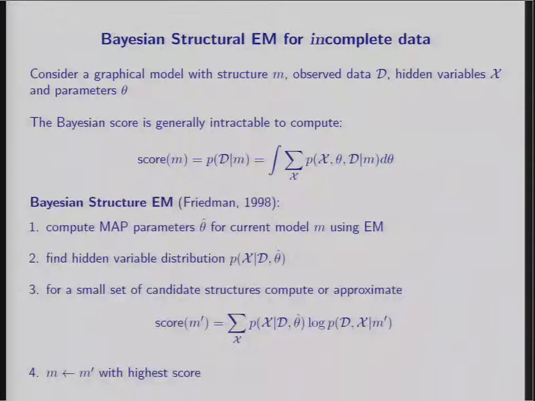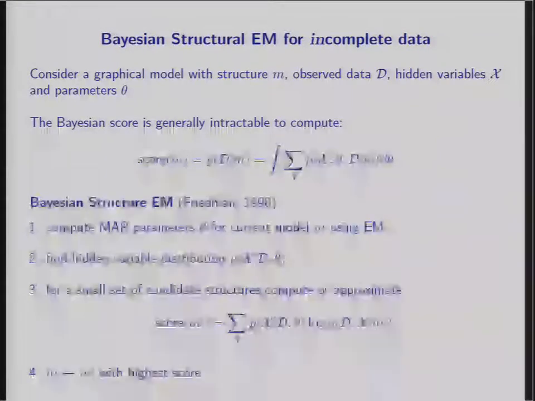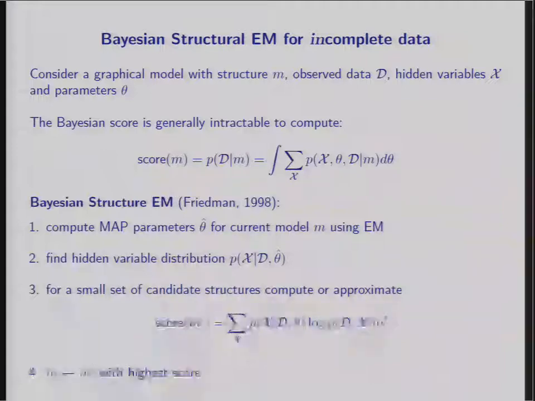And then for a small number of candidate structures, you compute or approximate this score, which is an approximation to the actual score that you want to compute, where you fix the distribution over the hidden variables to be the one computed in this step, and you then evaluate the exact score, assuming complete data essentially here. And then you pick the model with the highest score, and you iterate this procedure.